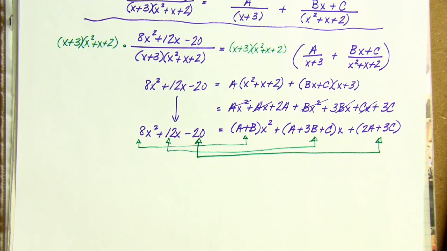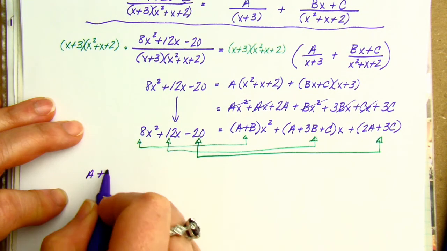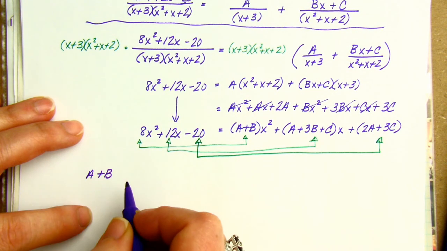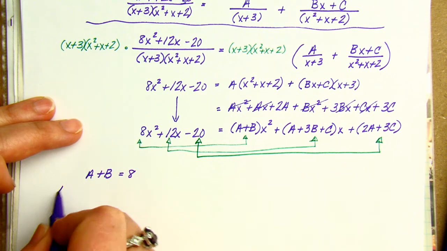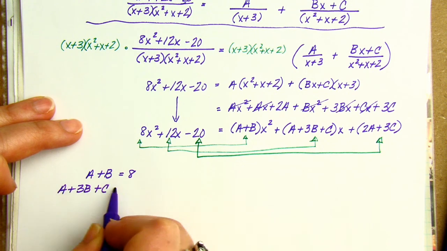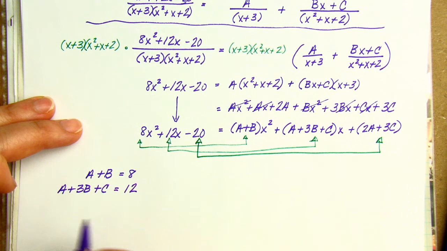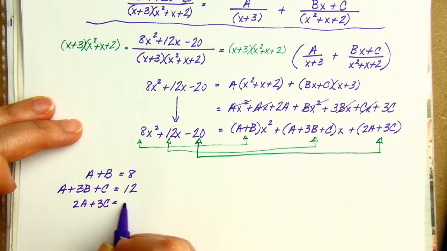It's negative. So I'm going to write my system. A plus b equals 8. A plus 3b plus c is 12. 2a plus 3c is negative 20.